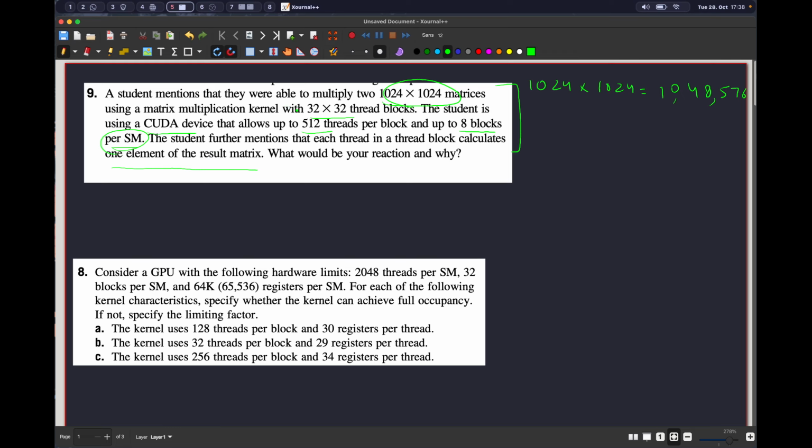So we will just assume for now that when we are invoking a grid, there are 32 by 32 blocks in it. So the total number of threads will be 32 by 32 times 512, and 32 times 512 is 524288.